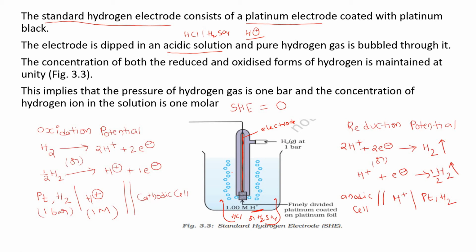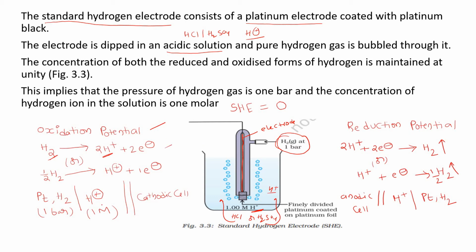Now when you construct this diagram like this, what happens here? One more thing, you are sending some hydrogen gas into the tube. When you send hydrogen gas, if it undergoes oxidation, the hydrogen gas will convert into H plus. So this reaction is called oxidation.